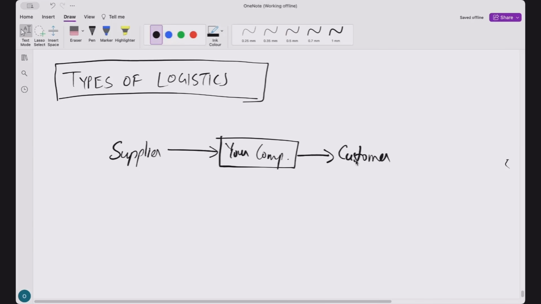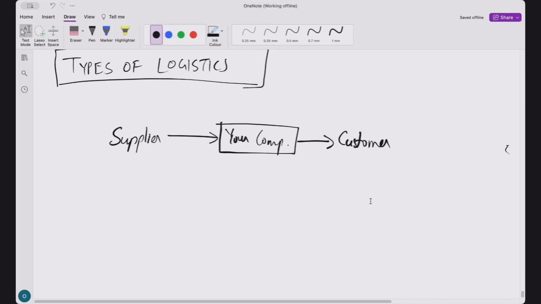And from this, there are four main types of logistics. So here, this part is called inbound logistics. Inbound means bringing things in. So the movement and management of materials coming into your organization is covered in inbound logistics.